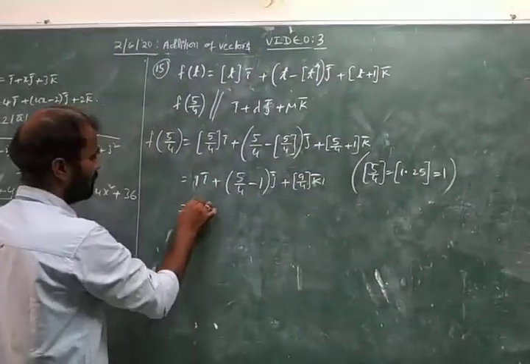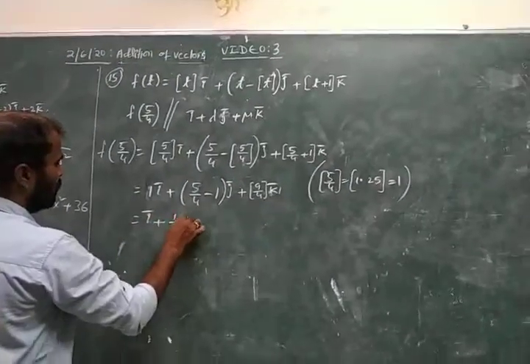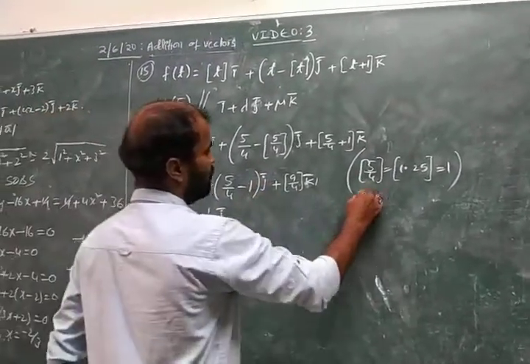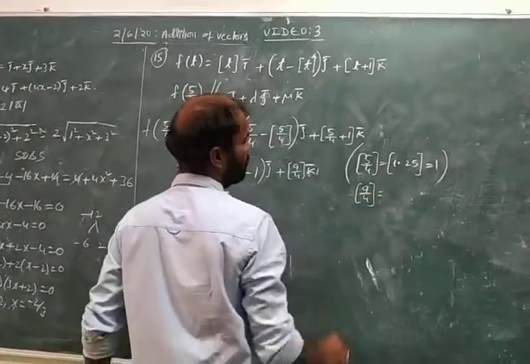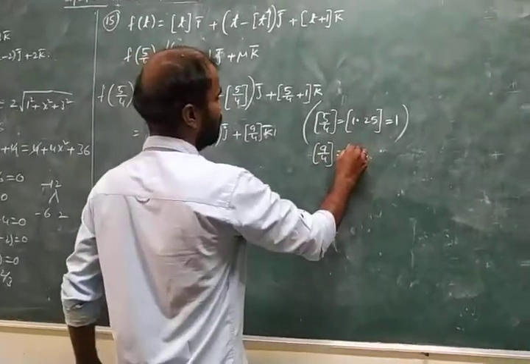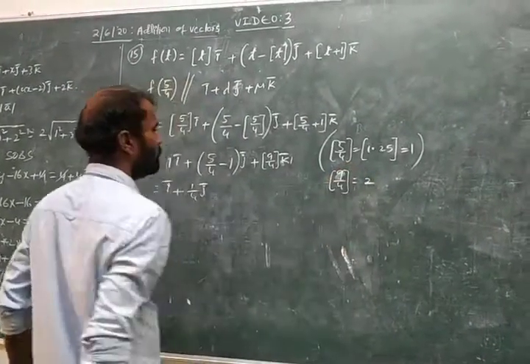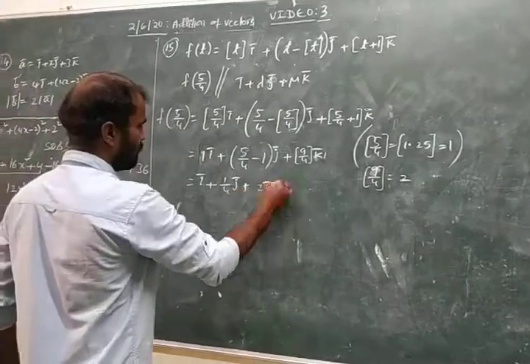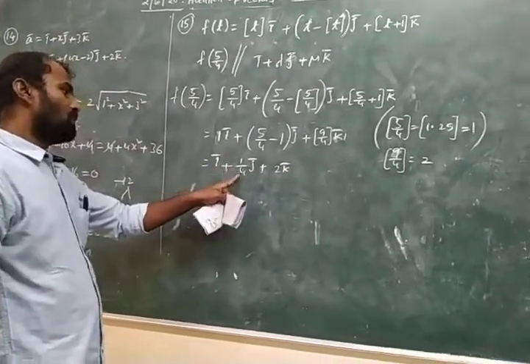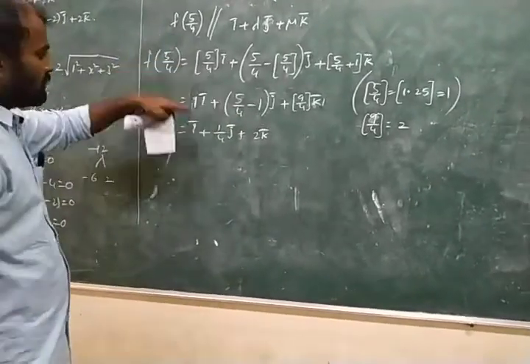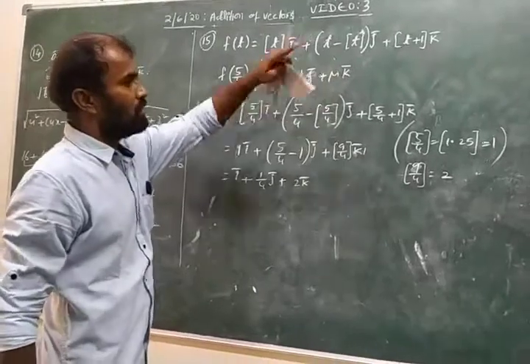Now 1 into I bar becomes I bar. 5 by 4 minus 1 is 1 by 4 into J bar. Step of 9 by 4: 9 by 4 is 2 point something, and the step of 2 point something is 2. Now f of 5 by 4 is I bar plus 1 by 4 J bar plus 2 K bar. This vector is parallel to I bar plus lambda J bar plus mu K bar.